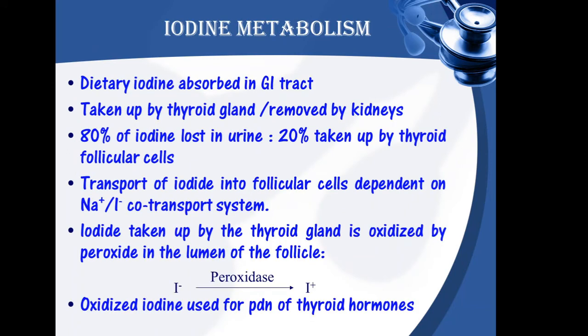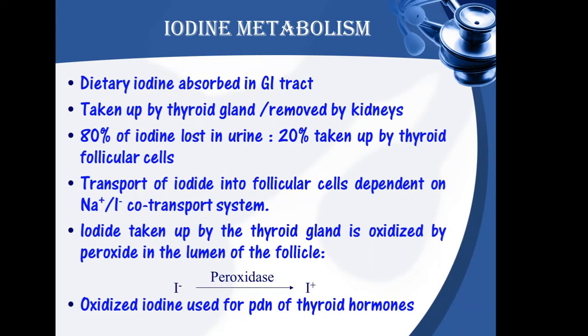Now, iodine metabolism. Dietary iodine is absorbed in the GI tract, taken up by the thyroid gland, or removed by the kidneys. 80% of the iodine is lost in urine, whereas only 20% is taken up by the thyroid follicular cells.